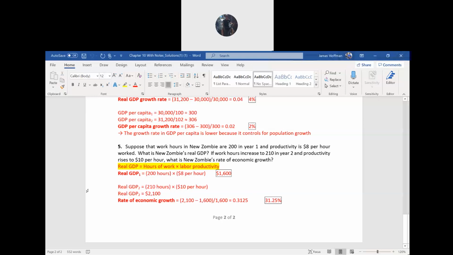Okay, so questions on any of these examples or these types of problems from chapter 10? Everybody good on what to do for these types of problems?